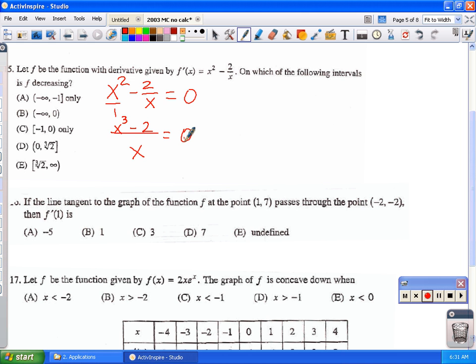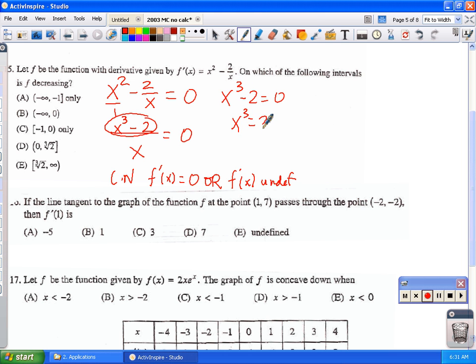Now when you're finding your critical numbers, what students often forget is that a critical number is any value of x that makes the first derivative either 0 or the first derivative undefined. So in this case, the number that would make the first derivative 0 is what I get when I get x cubed minus 2 equal to 0. x cubed is equal to 2.